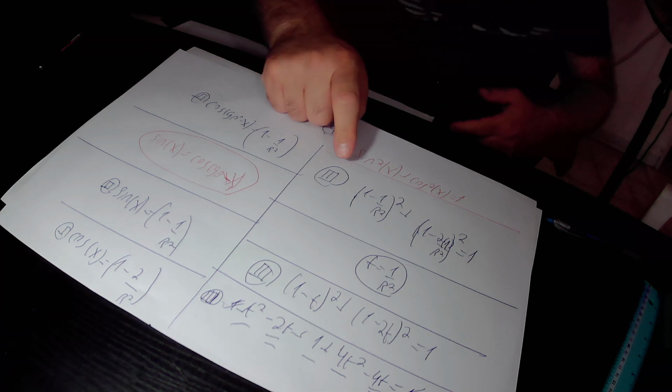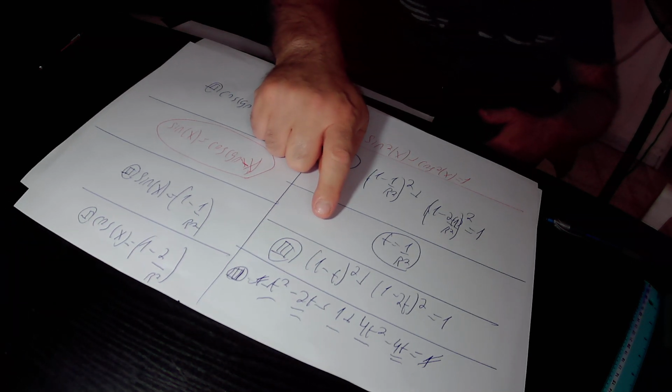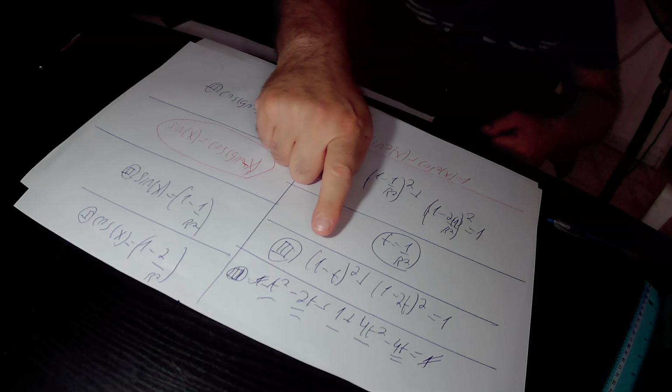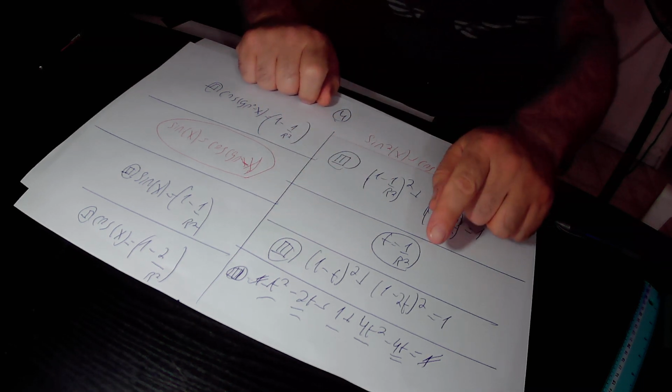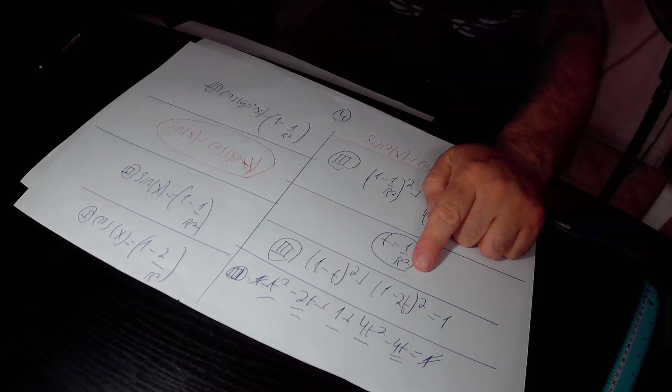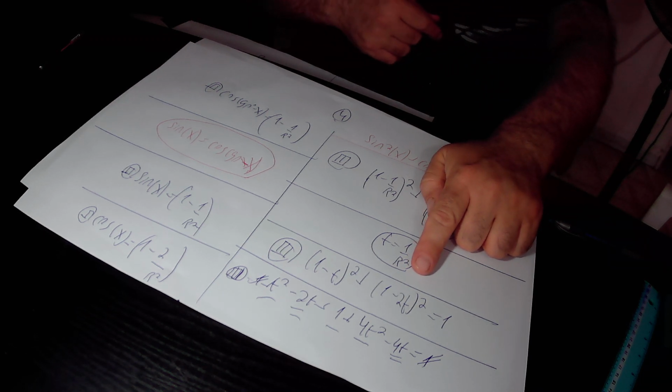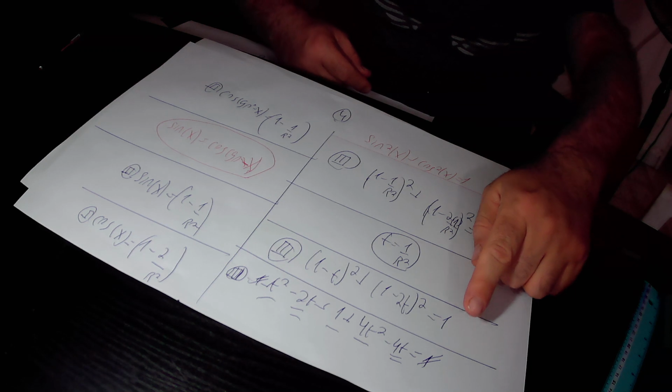So here we open the brackets on this side of equation 3, and we found out that (1 minus t) squared equals 1 squared, that is 1, plus t squared minus 2t, and we have also (1 minus 2t) squared. (1 minus 2t) squared equals 1 squared, that is 1, plus 2t squared, 2t squared is 4t squared, minus 2 times 1 times 2t is minus 4t, equals 1.